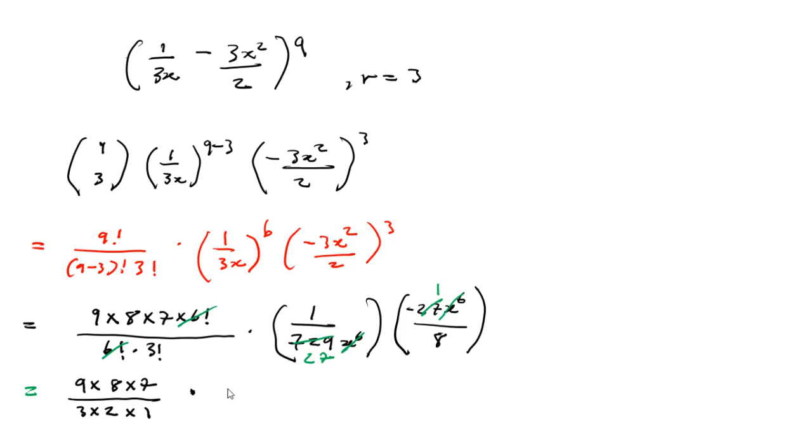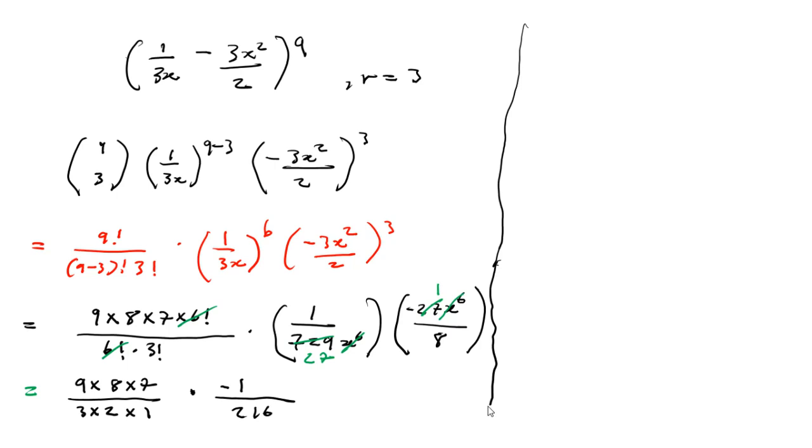Okay, and then this will be multiplied by 1 times negative 1, which is simply negative 1 over. So when you do that, you can now say 27 times 8. What is 27 times 8? The answer is 216.